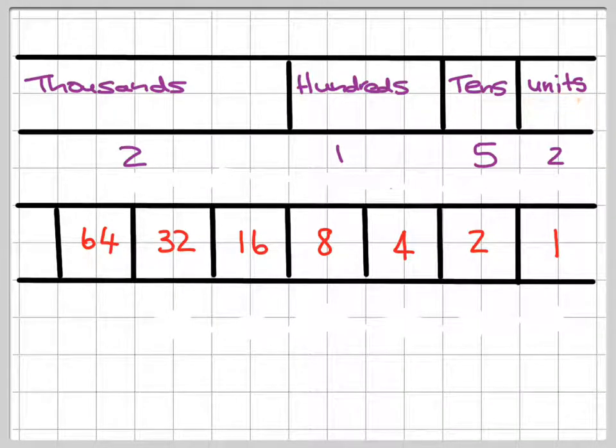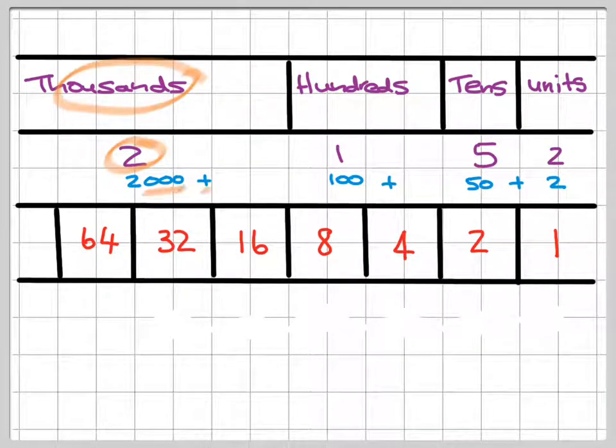So basically, we were taught to break 2,152 up in expanded form like that. 2 of these thousands represent 2,000 plus 100 plus 50, which is 5 tens, plus 2. Okay, so that you're familiar with, and that is our normal decimal base 10 way of working with our numbers and with the regular headings we've always had.